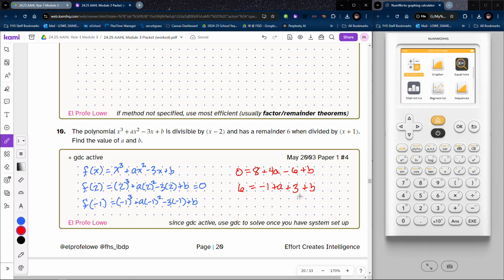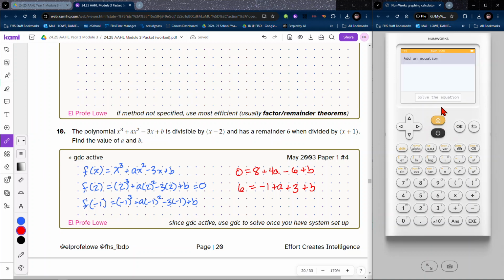So once I have that system set up, I can use my calculator, go to equations to solve my system. 0 is equal to, 8 minus 6 is 2, so that'll be 2 plus 4, alpha a plus alpha b.